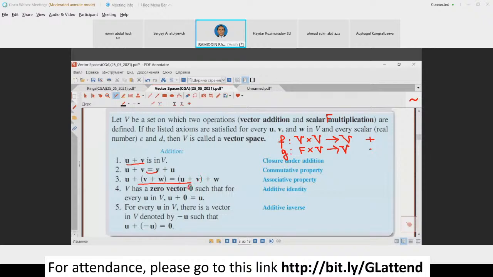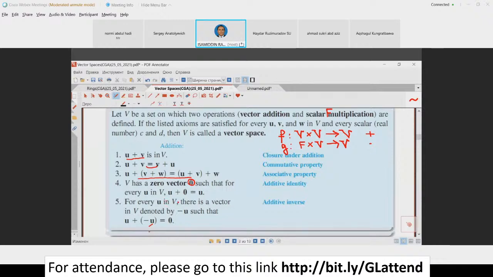Must exist zero element with respect to this addition. With respect to this, must have inverse. This time, this inverse we denote as minus U, as in ring's case. So the existence of additive inverse.